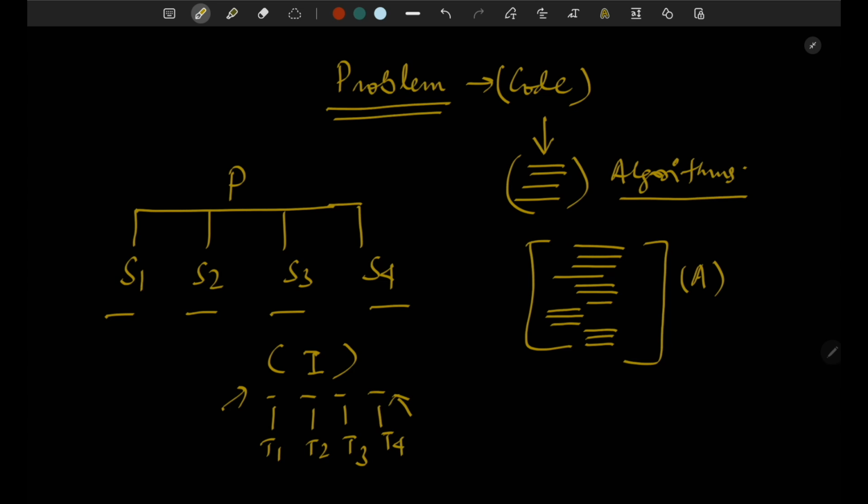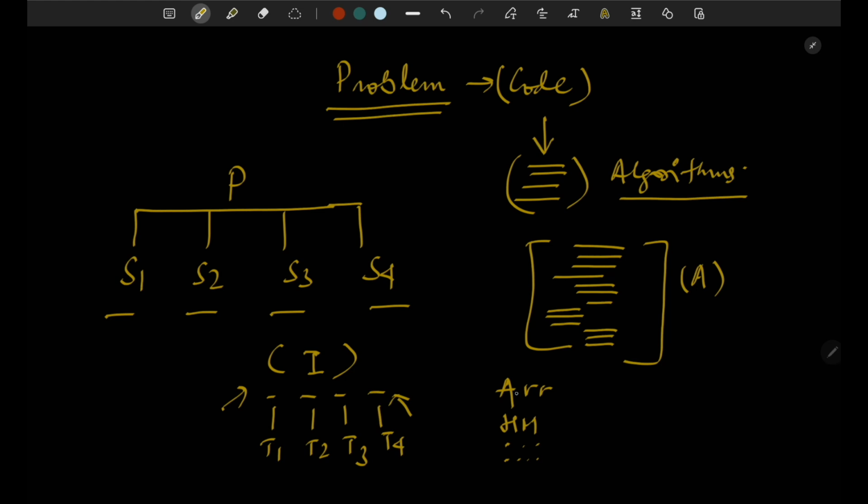Based on the solution that we have decided, or rather planned, we will be using certain data structures to facilitate the algorithm. For example, one of the solutions is going to make use of an array, one of the solutions is going to make use of a hash map, and so on and so forth.